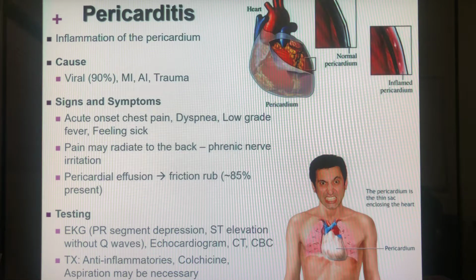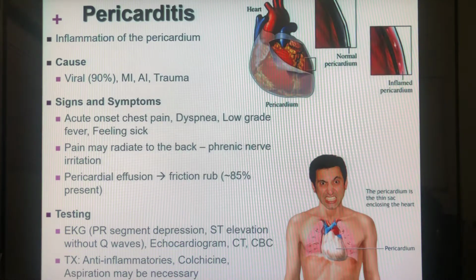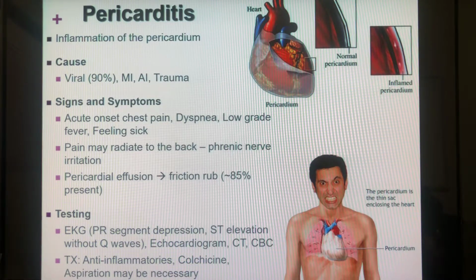So that STEMI, ST elevated myocardial infarction, was the flat-out subendocardial heart attack. This one, not necessarily causing a heart attack, but you still get some ST elevation. It's just not as high as it was with the STEMI, okay? And we'll see that in a second here. And we'll see the little PR segment depression too. I have some EKGs to look at in a second here, okay?